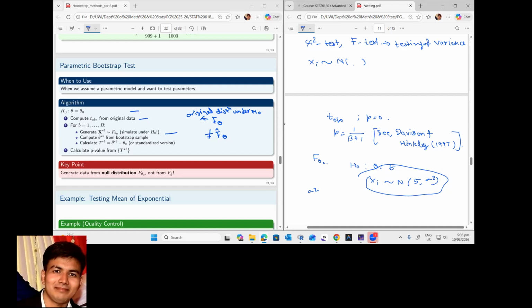So this is the parametric bootstrap with estimated nuisance parameters. After that, we compute the theta cap star b from the bootstrap sample and calculate our test statistic t star b, theta cap star b minus theta naught, that is the standardized version.